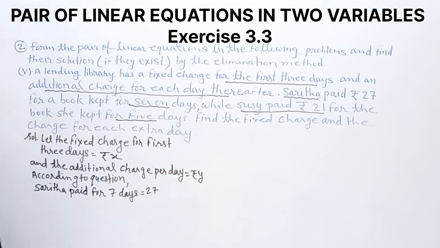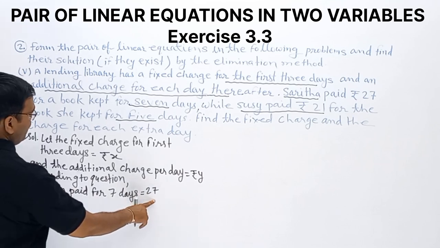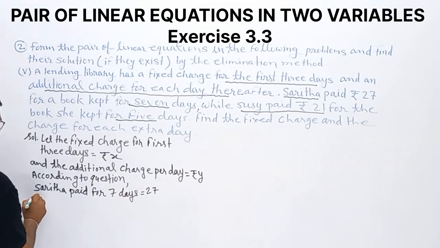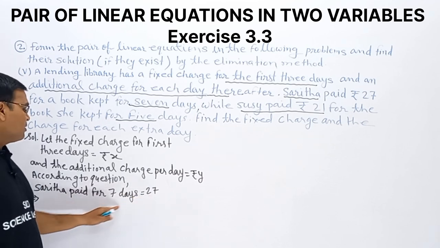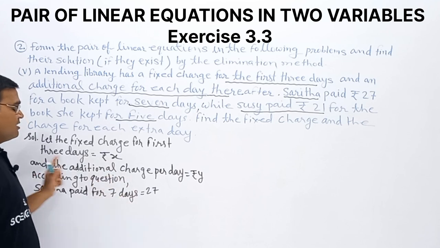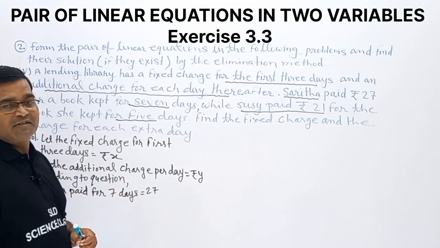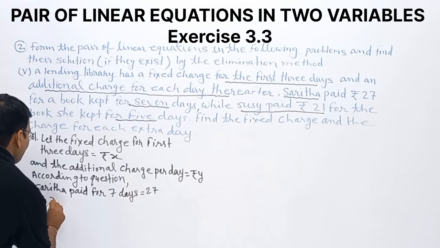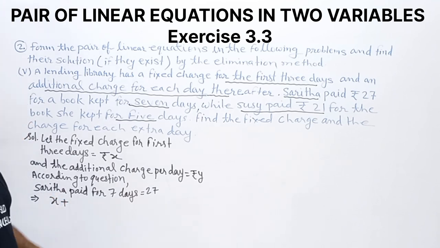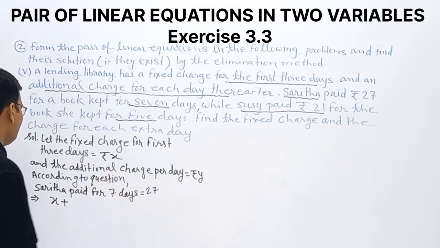Now we want the linear equation. Sarita has the book for 7 days. It means 3 days fixed charge, so we can say X plus the remaining, 7 minus 3, 4 days.